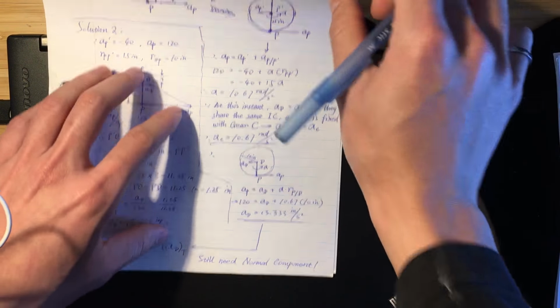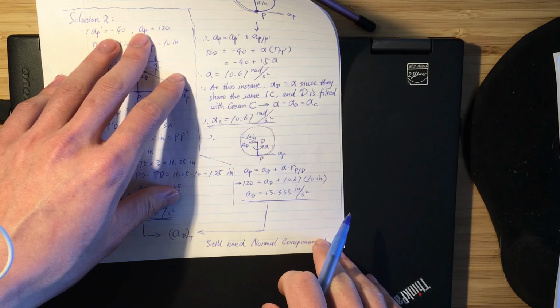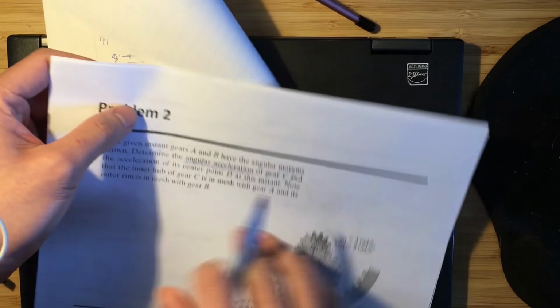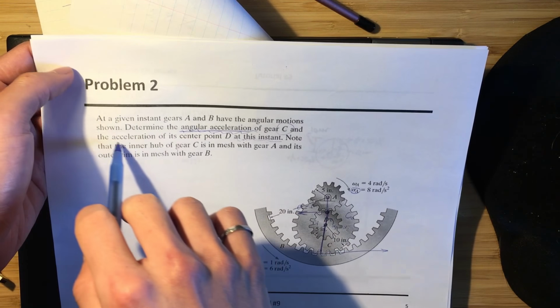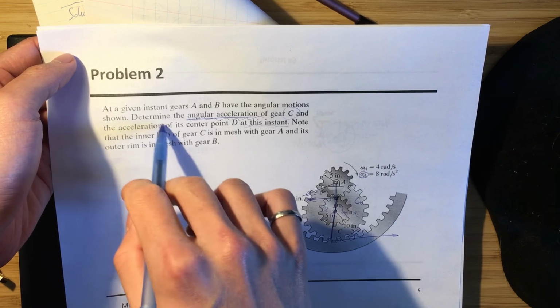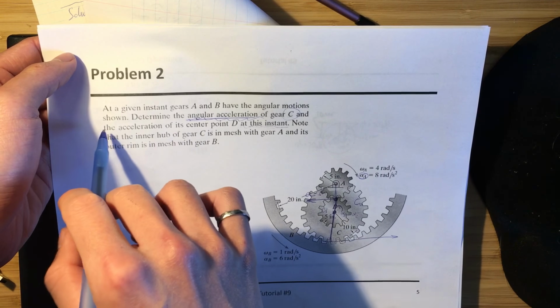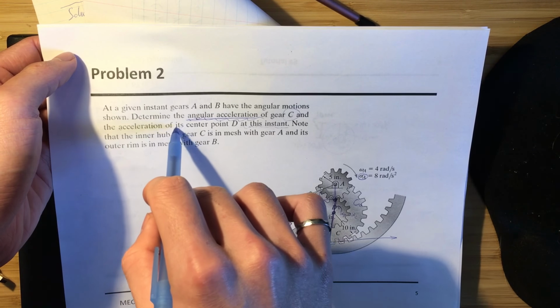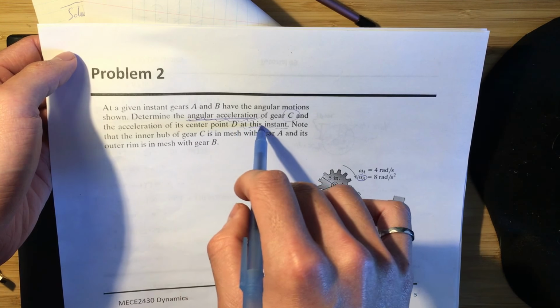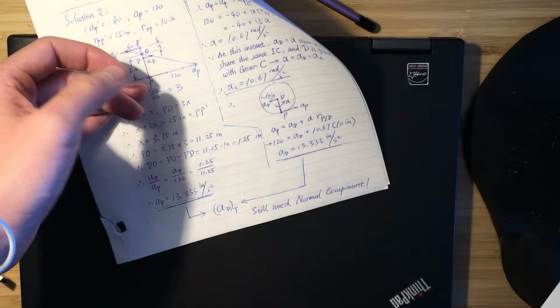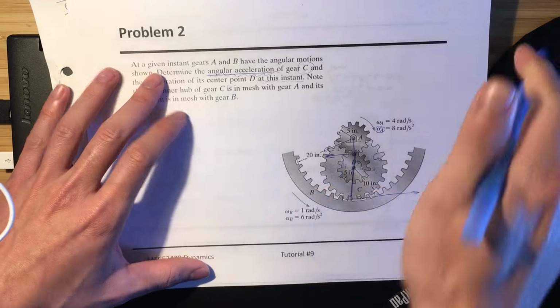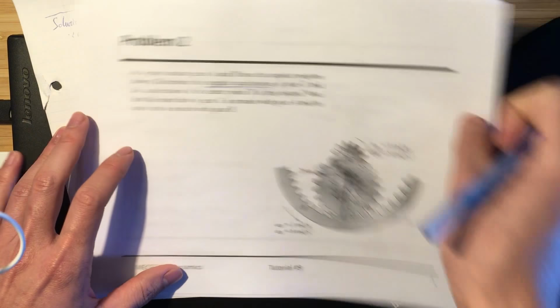Okay, so now we have to get the linear acceleration. If it doesn't tell you whether it is linear or angular, we just by default think it's linear acceleration, right? Linear acceleration of its center point D at this instant. So when we talk about linear acceleration, we have to be cautious, right?